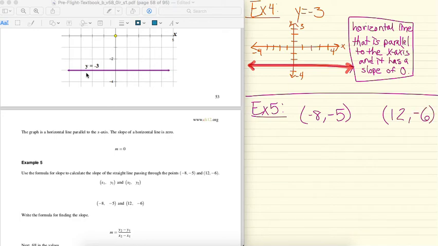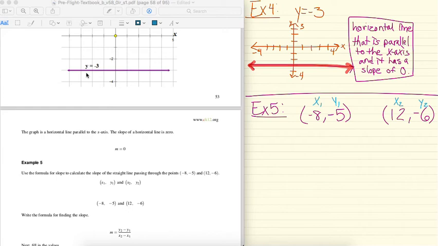I'm going to label this first point I wrote down with x1 and y1. So -8 is my first x value, -5 is my first y value. 12 I'm going to label as my second x value, and -6 I'm going to label as my second y value. You can label them if you want to, but you don't have to.